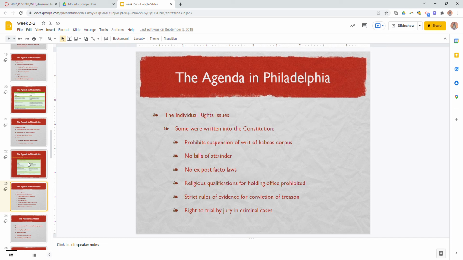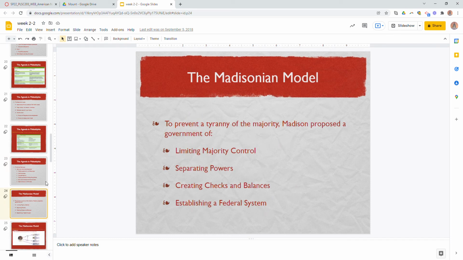Okay, so the end result in this Constitution is a document that tries to prevent majority rule. One of the weird things is we tout ourselves as a democracy, but the word democracy was a very negative word to the people that wrote the Constitution. They did not want a democracy. They wanted a republic.